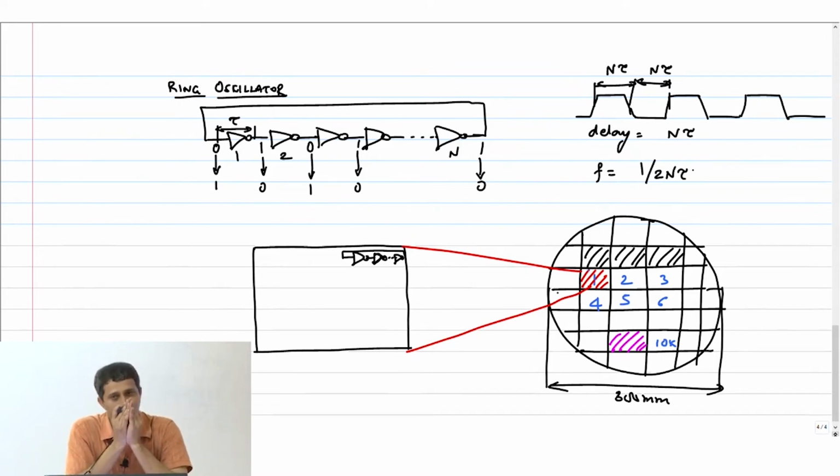Okay, so let's do a quick calculation. If tau is 30 picoseconds, and n is 11, what's the frequency of operation?